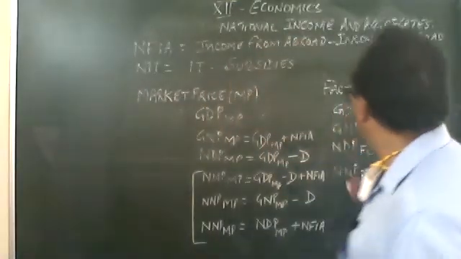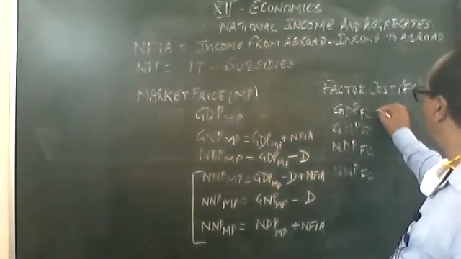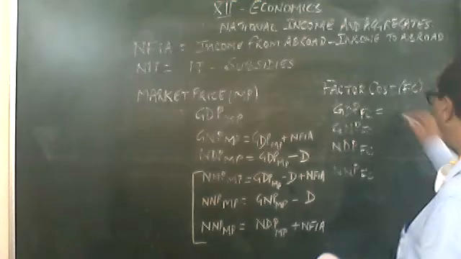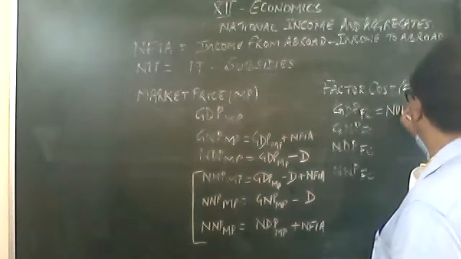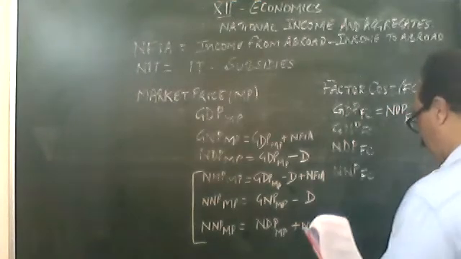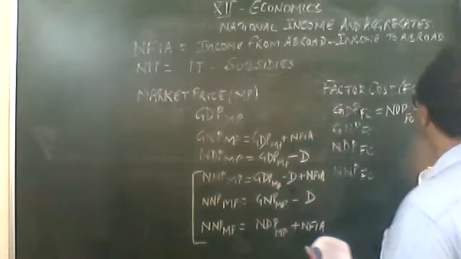And GDP at factor cost will be calculated as NDP factor cost plus depreciation.